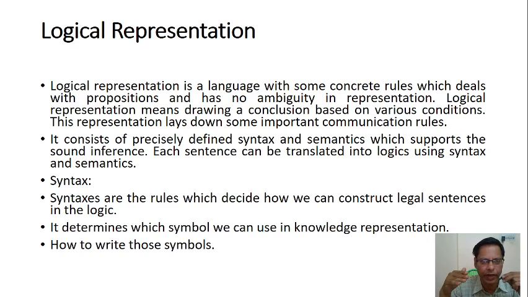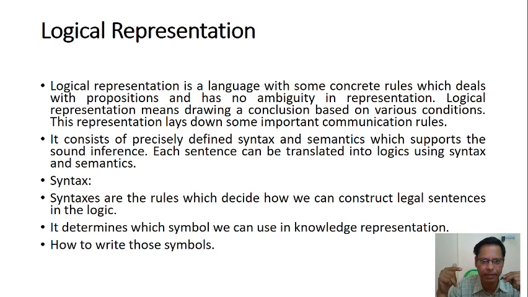So when you are trying to find out through NLP, whatever information is stored logically will be traced out. This representation lays down some important communication rules. It consists of precisely defined syntax and semantics which support sound inference, is it not? So how it is pronounced is based on that.